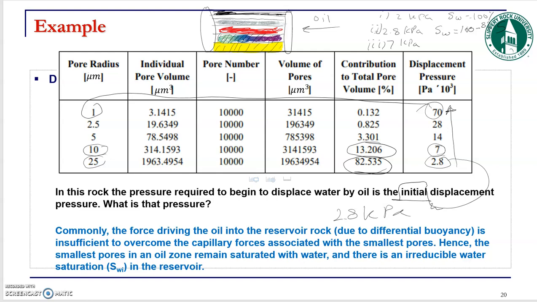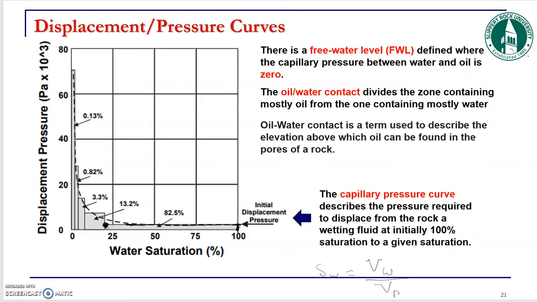So your new saturation would be 100 minus 82.5 minus 13.2%, whatever that number is, right? So you will lose another 32% here. So you'll get here. You increase the pressure, so of course you get there, right? Increase the pressure, and just keep going. Do the same thing, increase the pressure, calculate the saturation.